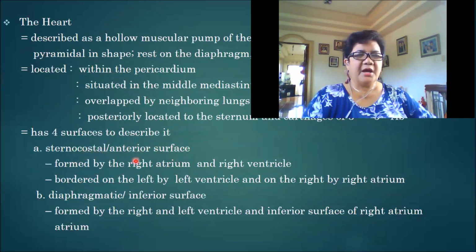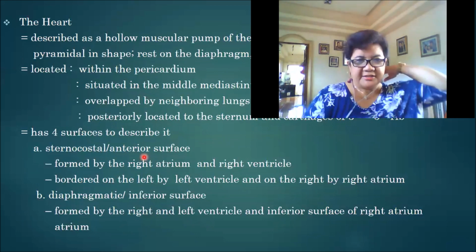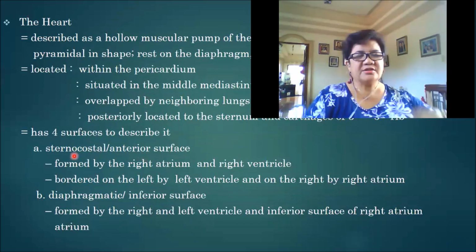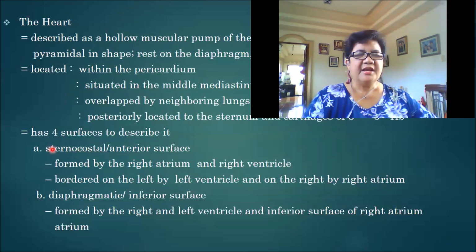The first surface is the anterior surface. This is also known as the sternocostal, meaning to say, it is within the vicinity of the sternum and the costal cartilages. What would be the part of the heart that would make up the anterior surface? This will be formed by the right atrium and the right ventricle.